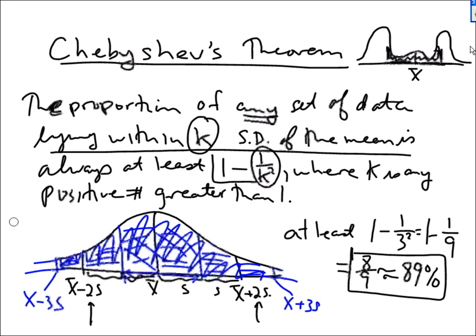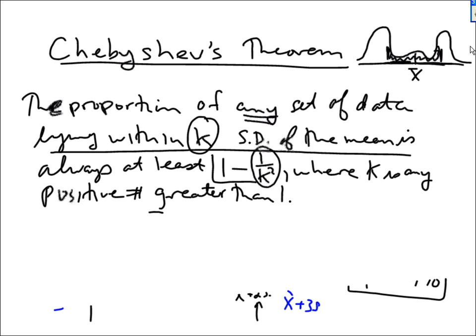Now, I want to talk about notation. I want to know what are the chances that x lies in between x bar minus a number of standard deviations, K standard deviations, and x bar plus some number of standard deviations.